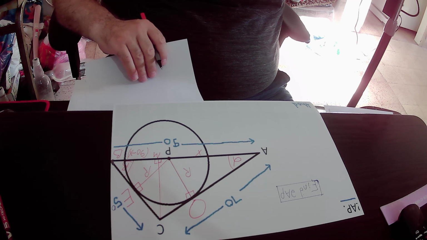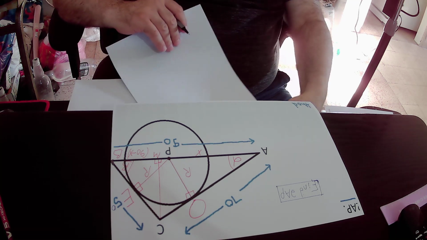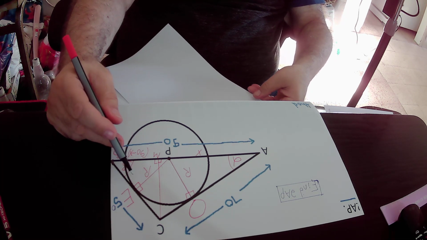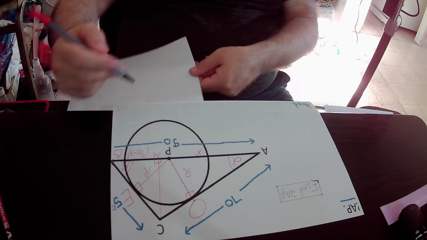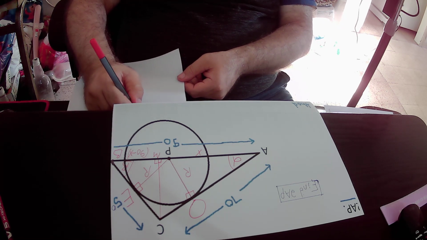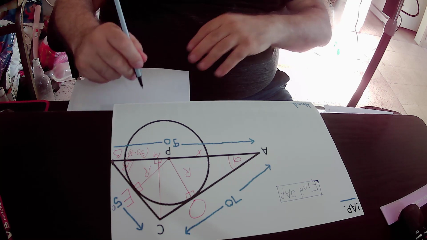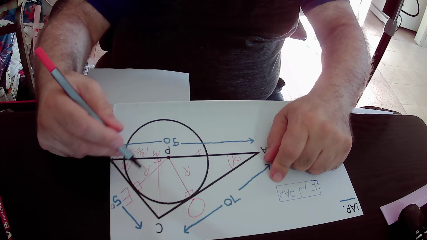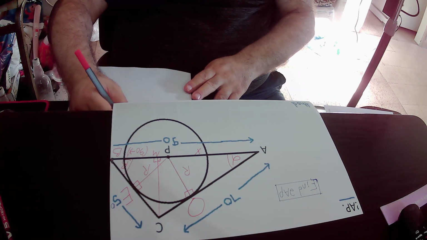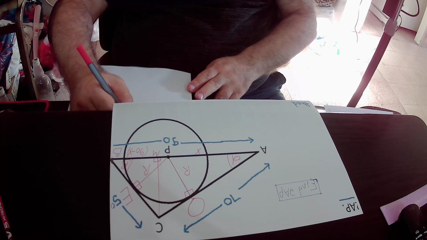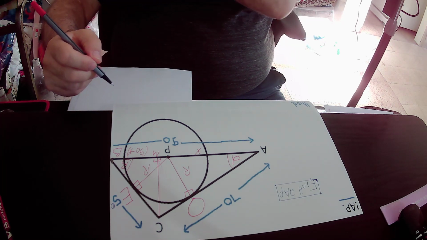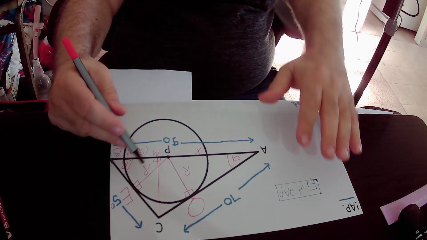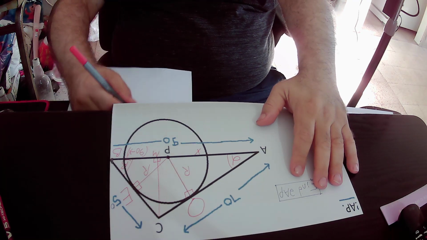Okay, on the right triangle BPE, sine beta will be equal to the side that is in front of angle beta, that is to say PE, divided by the hypotenuse of triangle PBE, and the hypotenuse of triangle PBE is PB.